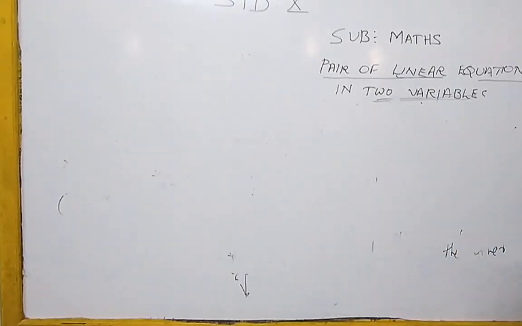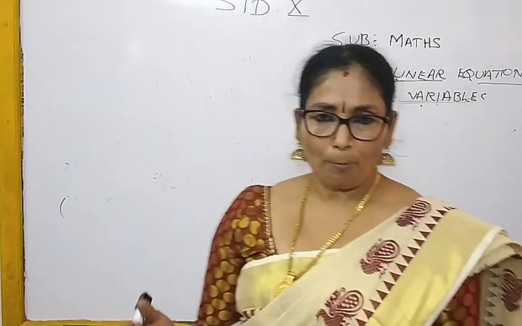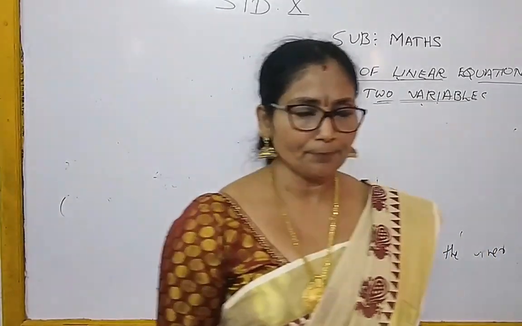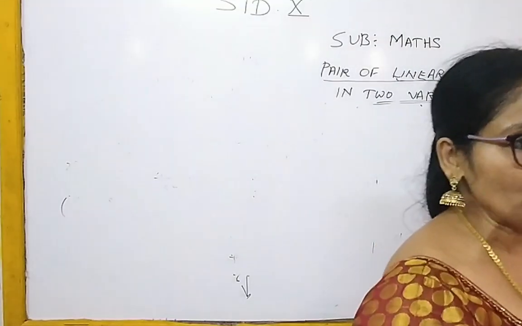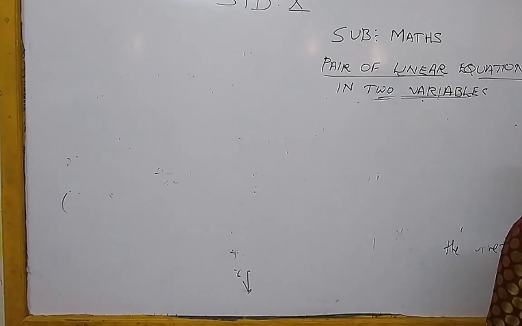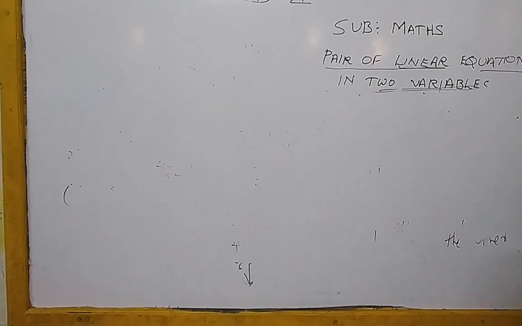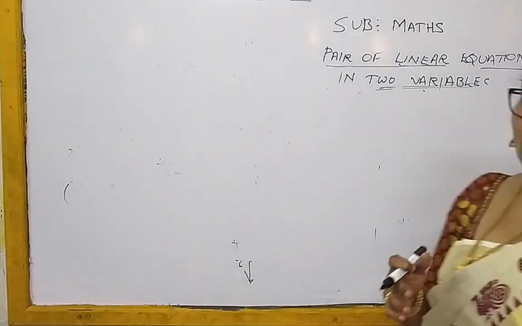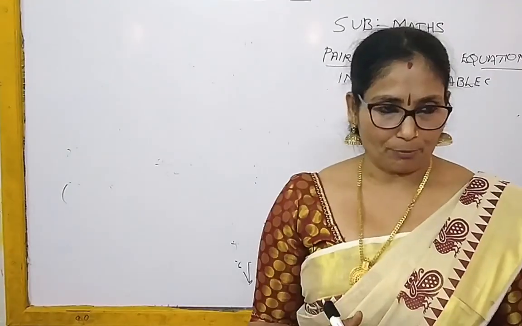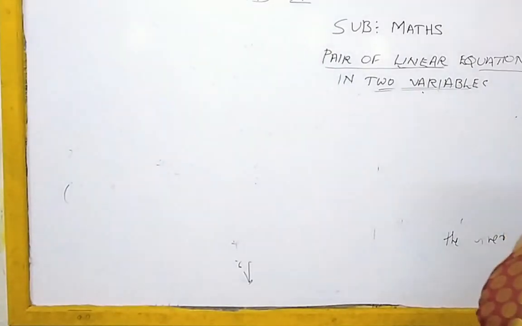Another person purchased 3 pens and 2 pencils, with some amount given. How can you find the price of 1 pen and 1 pencil? This is a practical application that I will definitely explain later in this chapter.